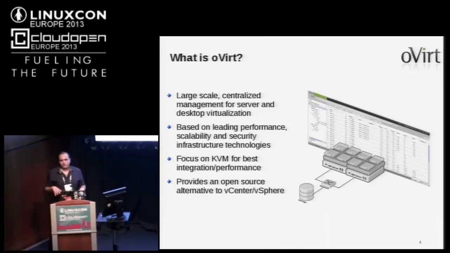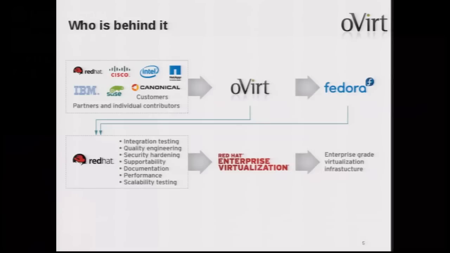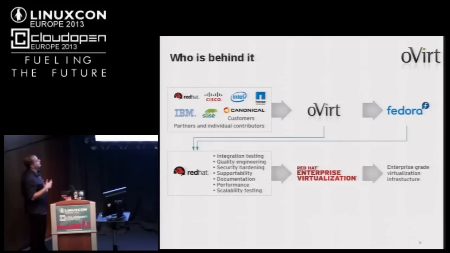It's based on KVM in its main backend, and it basically provides an open source alternative to vSphere or vCenter if you got a chance to work with these products. A very powerful product, a large community behind it. Many companies also contribute to the project. We have a Fedora release, and then we take this release and also release Red Hat Enterprise Virtualization as a product. But today we came here only to discuss the oVirt project.